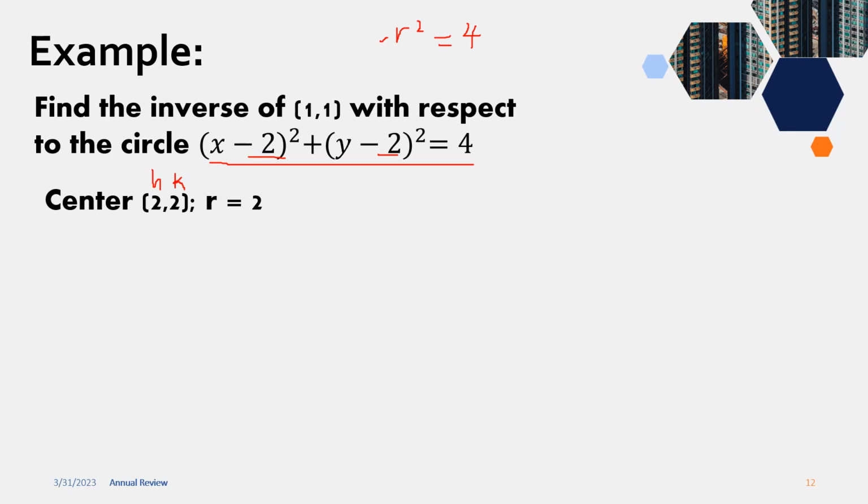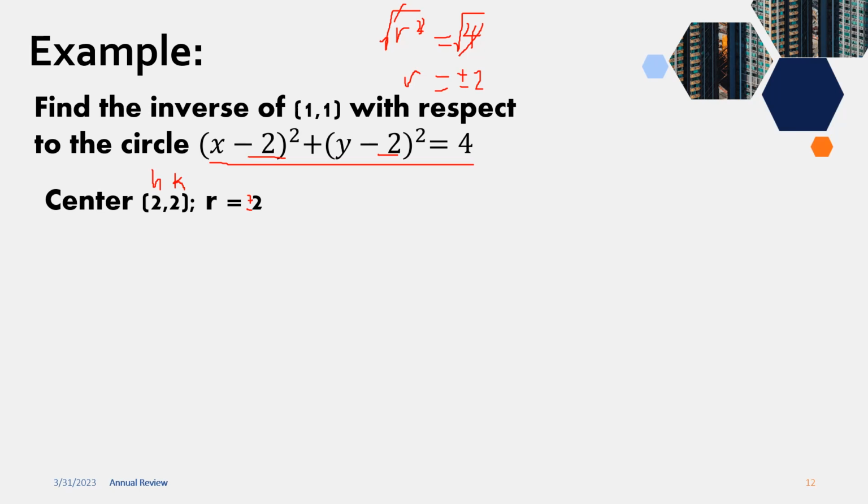If we're going to find the length of the radius, square both sides, the same process as there. And our r will be the square root of 4, which is plus or minus 2.